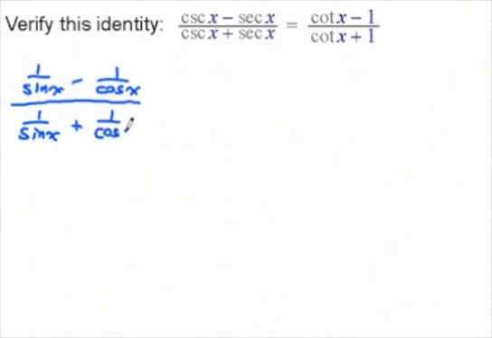And this is a complex fraction, so what we're going to do is multiply the top and the bottom by the common denominator, the entire top and the entire bottom. And the denominator that we're going to choose is this common factor of sine x cosine of x.